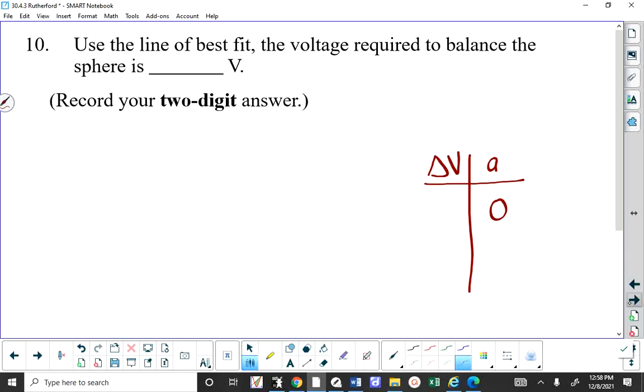All you need to do is say, if the sphere is balanced, it's not accelerating up or down. By the way, this will be the x-intercept of the graph. Because if the graph is above the x-axis, it's accelerating up. And even though it's not part of the question, if we went to a lower voltage, it would be accelerating down. And that data point would be on the line. It would just be below the axis.